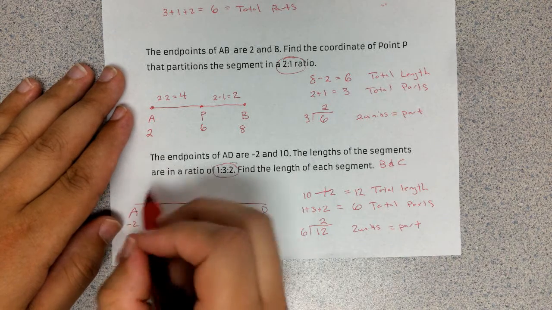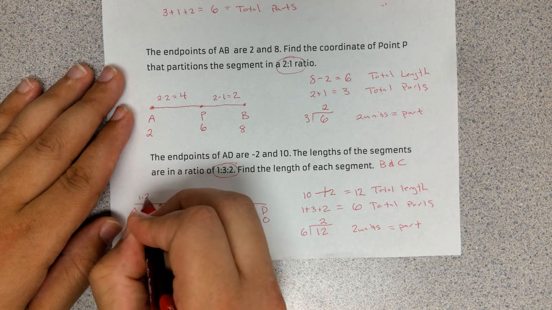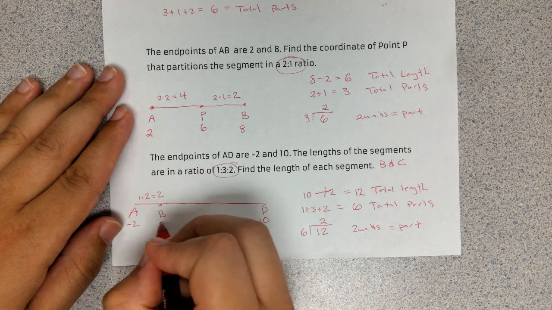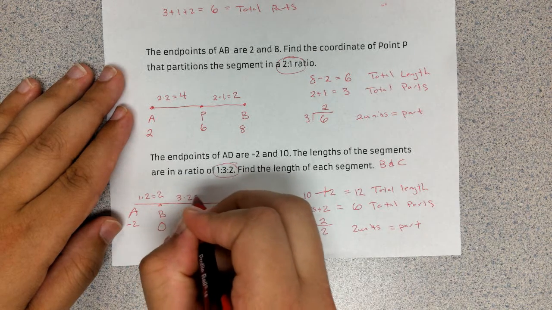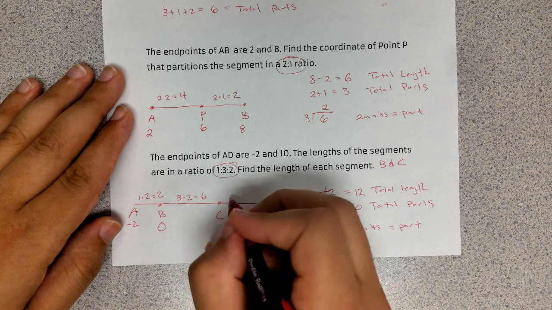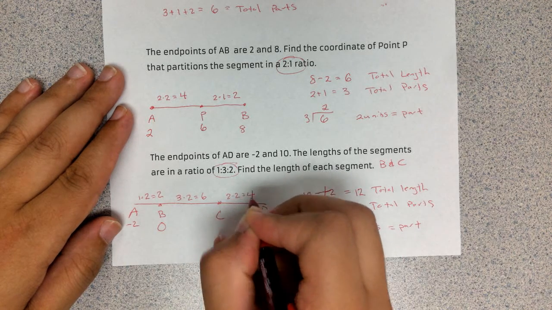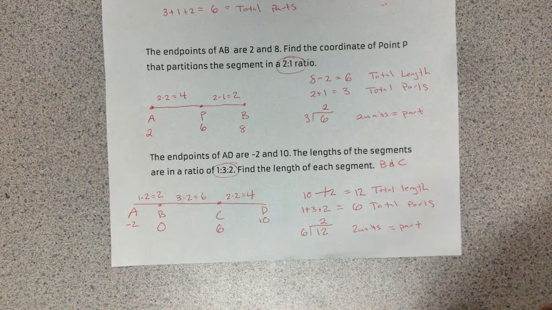B is going to be 1 times 2, which is equal to 2, so this is going to be 0. Then we need 3 times 2, which is equal to 6, so C is going to be located at 6. And I need 2 times 2, which is equal to 4, and so 6 plus 4 equals 10, and everything checks out.